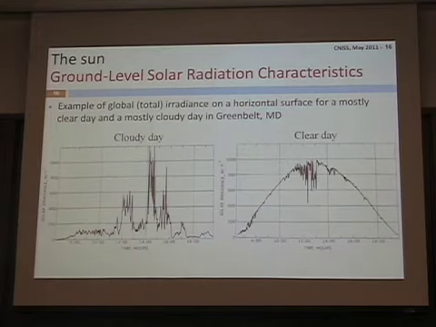Okay, so here is an example of the global or the total radiance on a horizontal surface for a mostly clear day, as you can see here, and a mostly cloudy day in Greenbelt, MD. In the morning, you start with low radiation, and then it reaches the highest point.